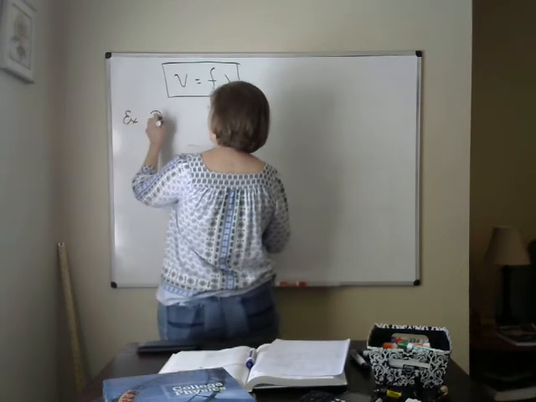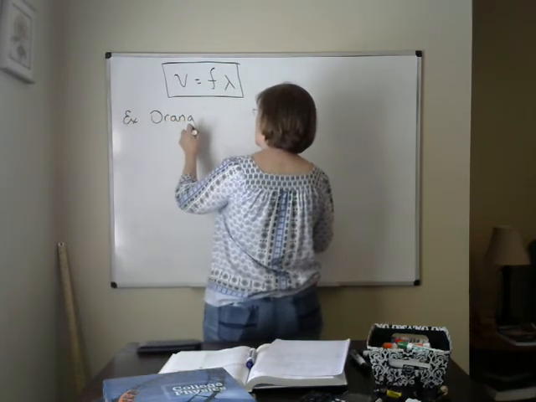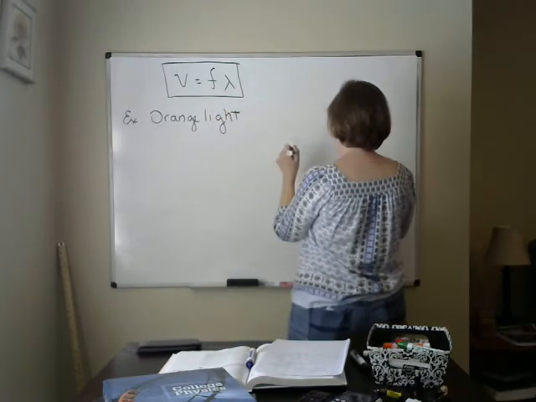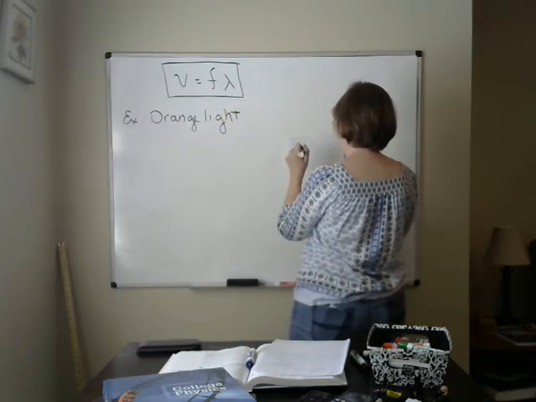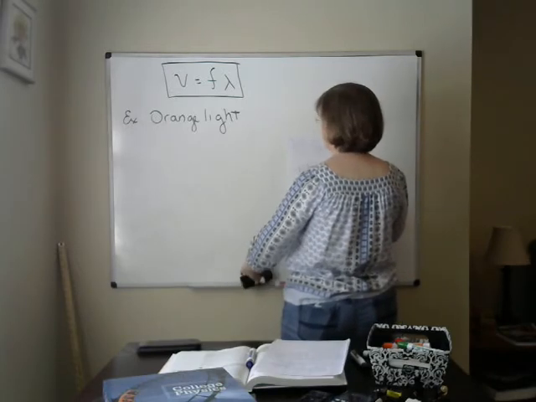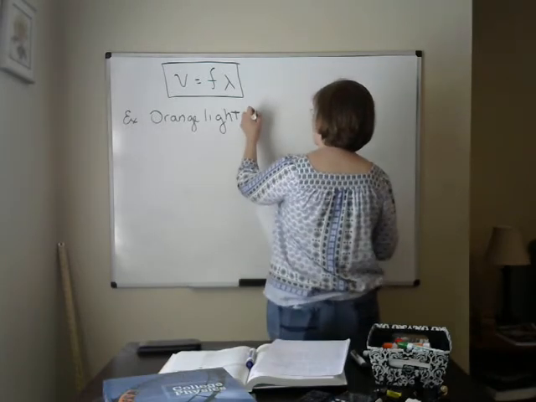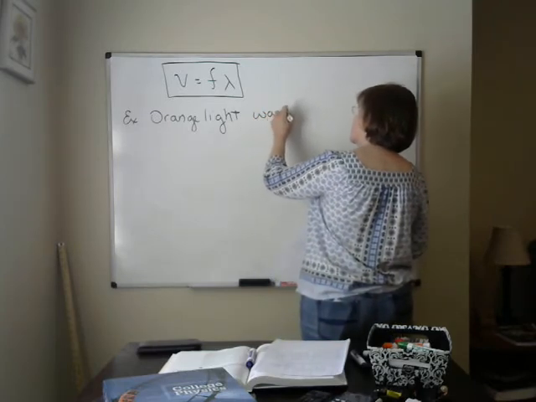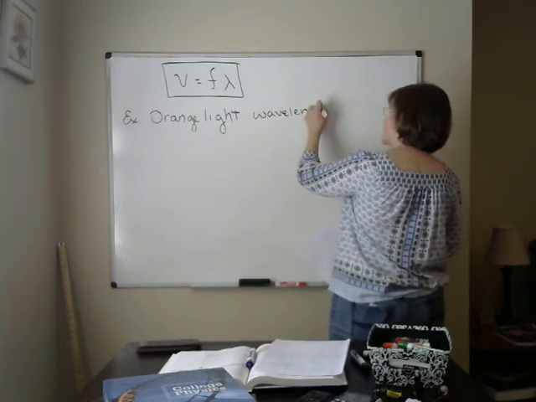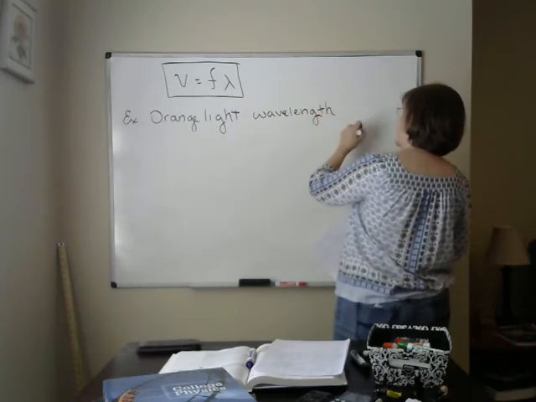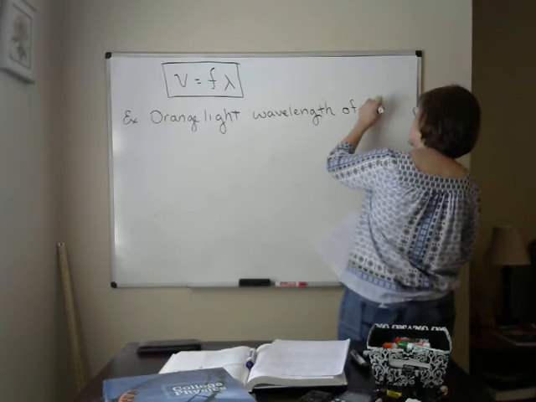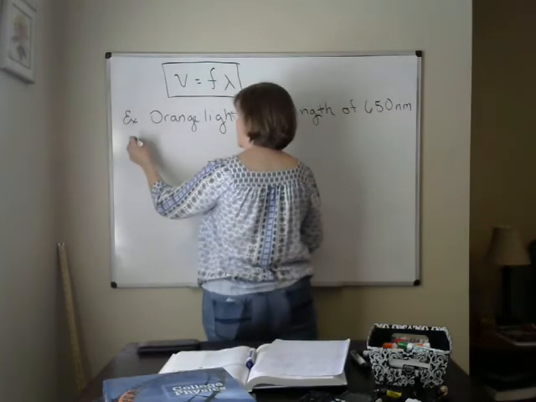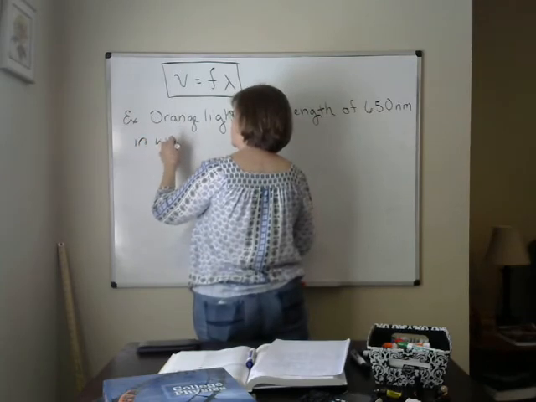Suppose that we have orange light, kind of an unusual color. Yep, we'll go ahead and do it. That's got a wavelength of 650 nanometers in water.